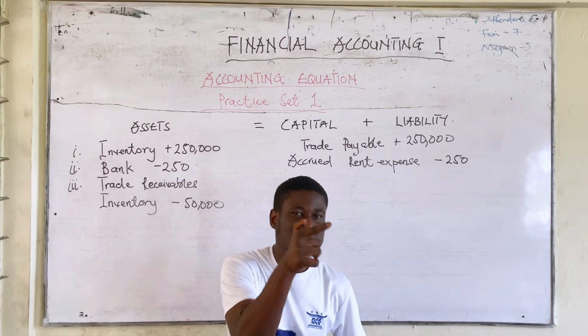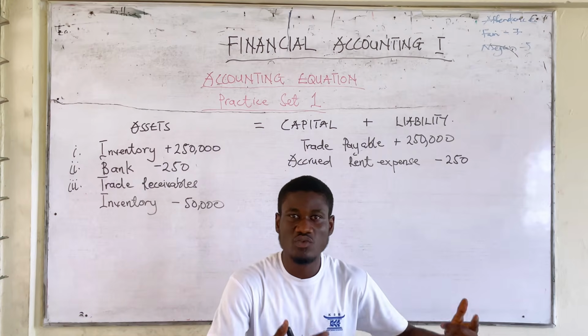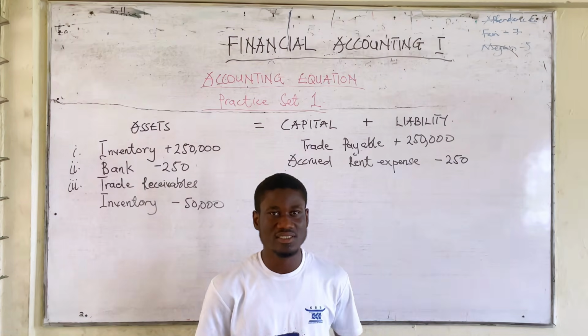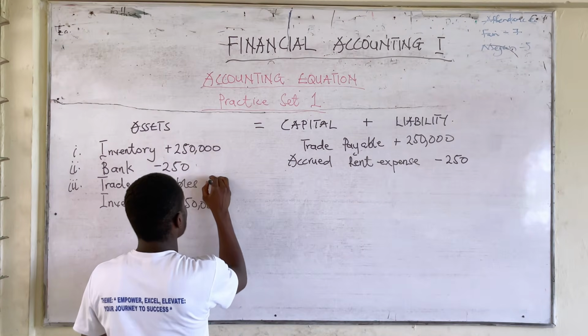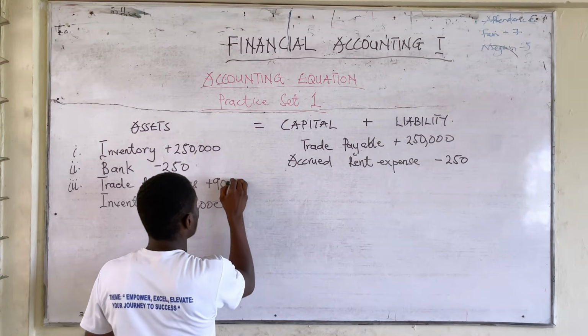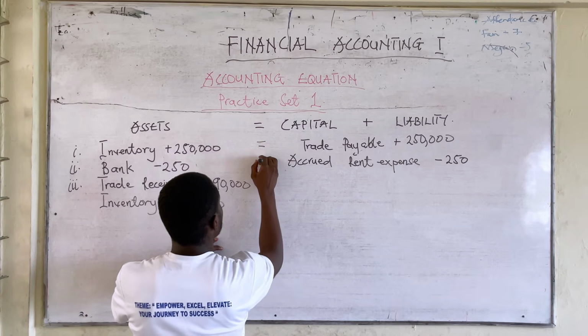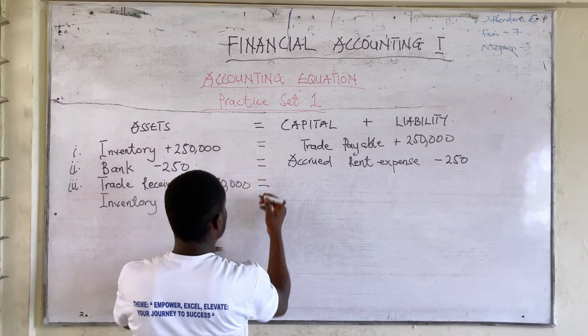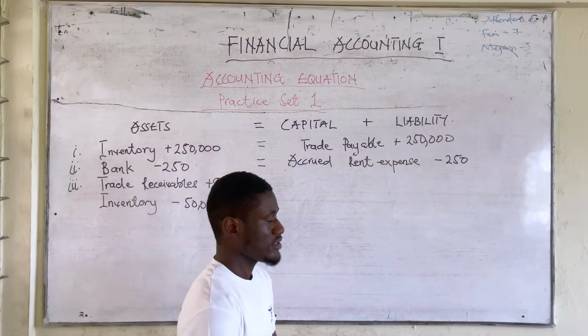So the amount our trade receivables are owing us has increased by what? 90,000. Yes, good. So now plus 90,000. Good.